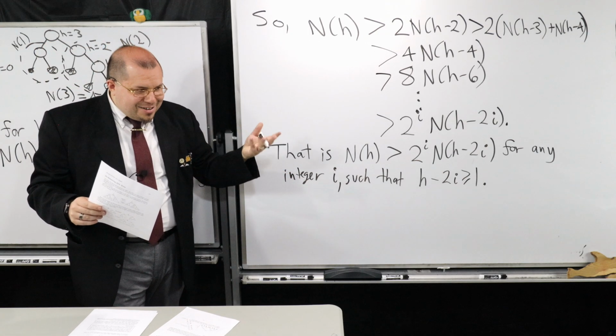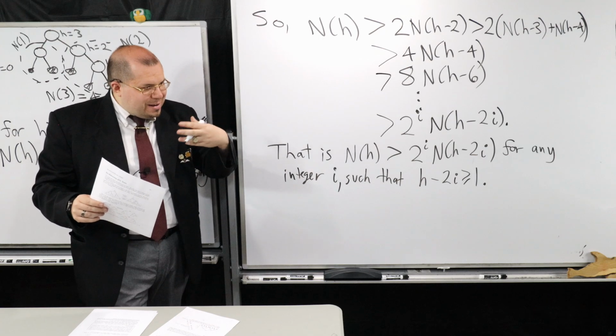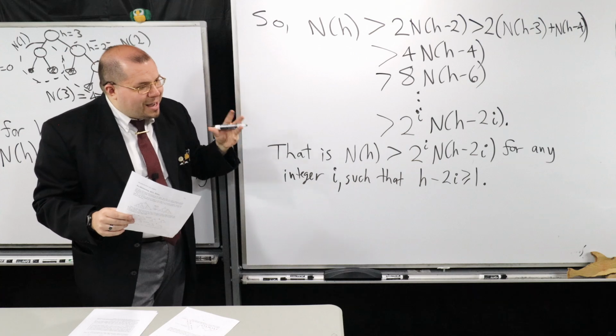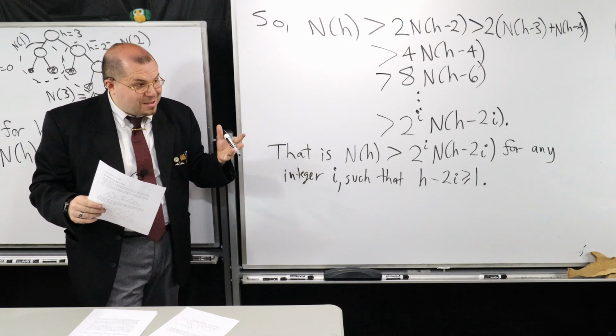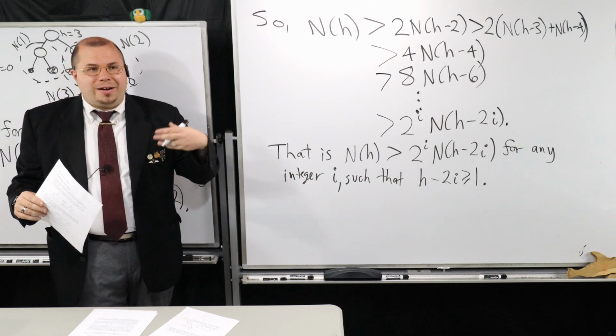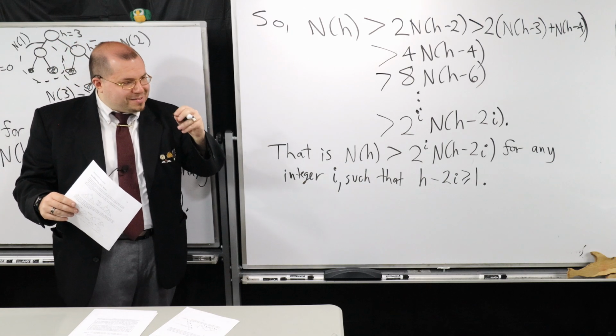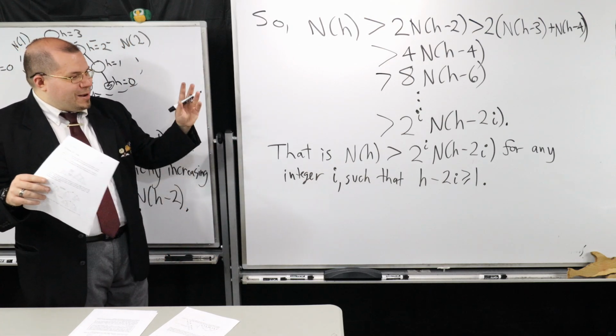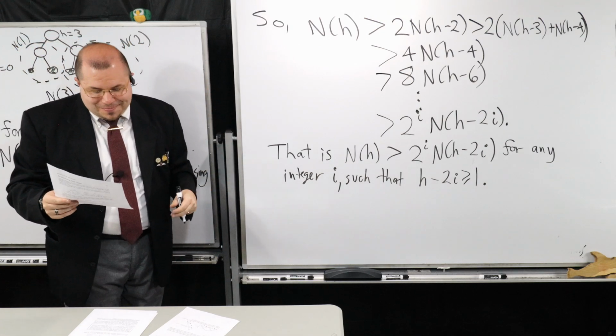Now, akin to what we talked about previously, you know how we did this idea where I try to make it so I get the input to look like the base case, or at least one of the base cases? That's what I'm going to do here. Just like in our analysis for binary search, I'm going to pull off the same trick here. So it's not like it's coming out of the blue. It's the same trick.